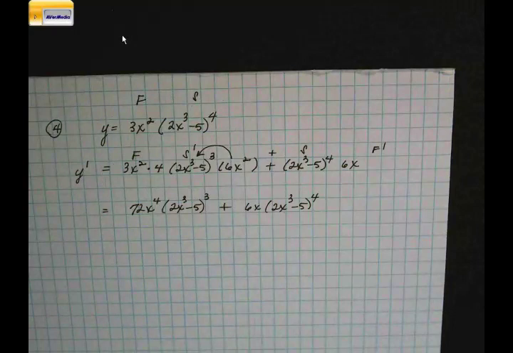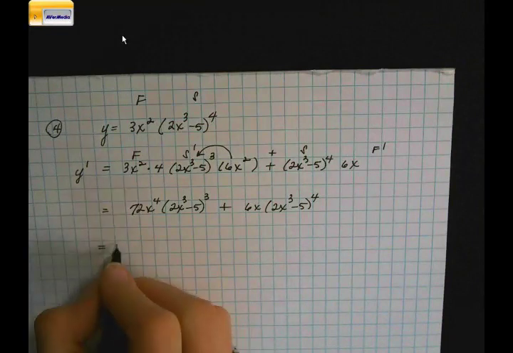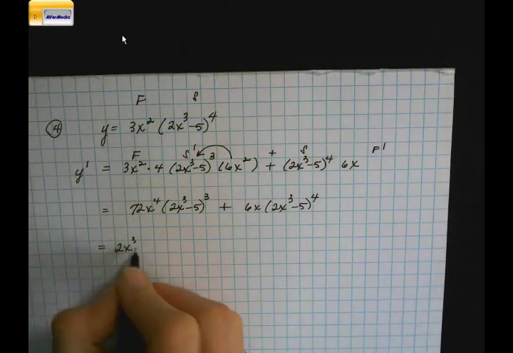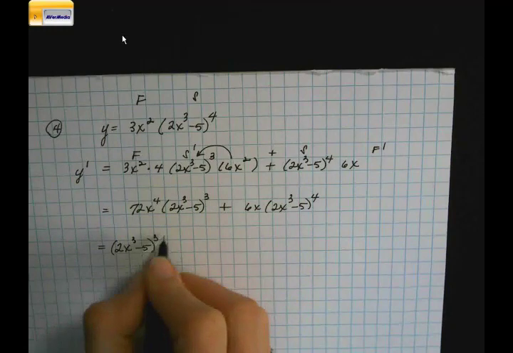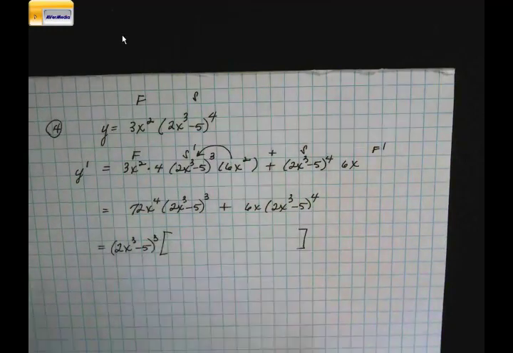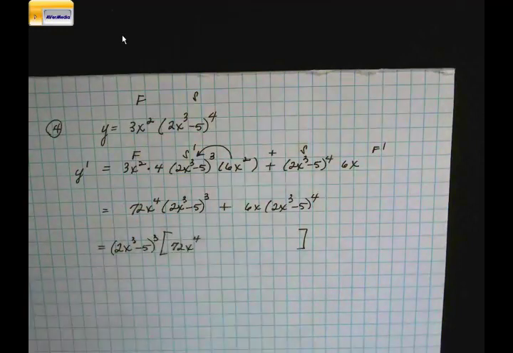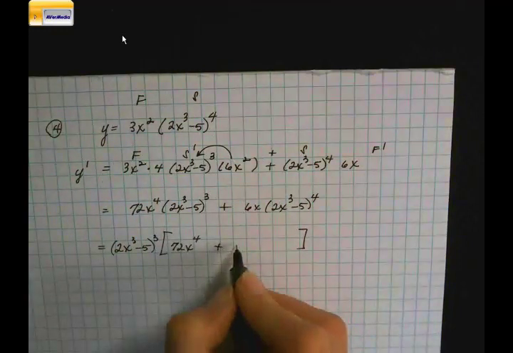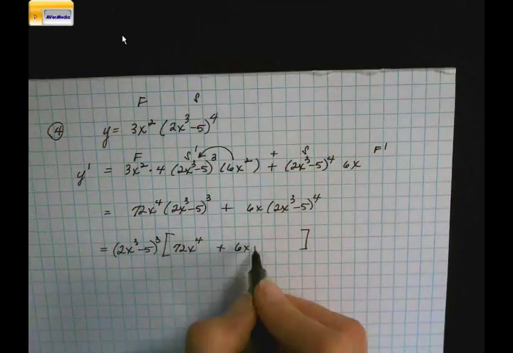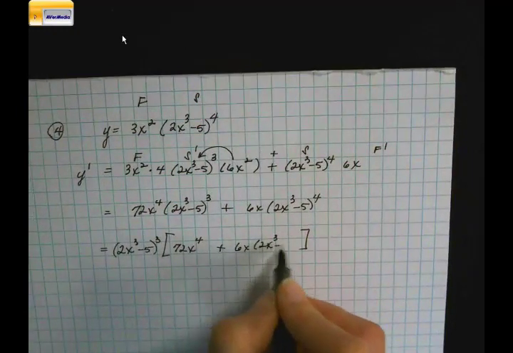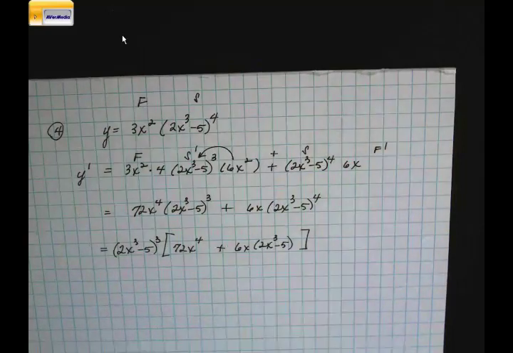Oh, y'all aren't going to like what I'm getting ready to do. There's a greatest common factor sitting here. It's 2x cubed minus 5 to the power of 3. There you go. So this is 2x cubed minus 5 to the power of 3 times 72x to the 4th, plus 6x times 2x cubed minus 5 to the first, right?